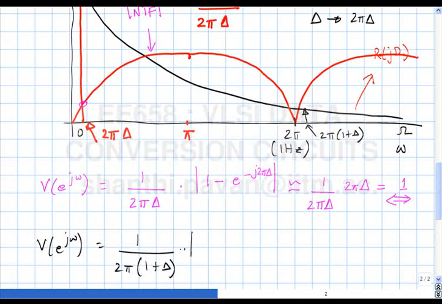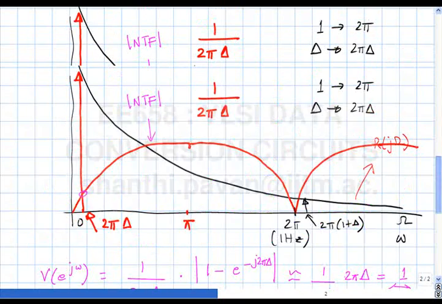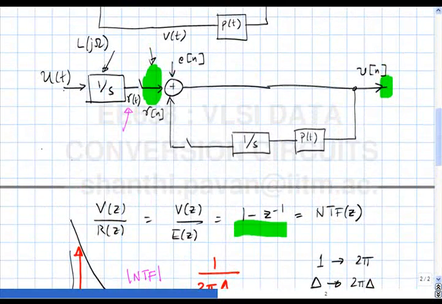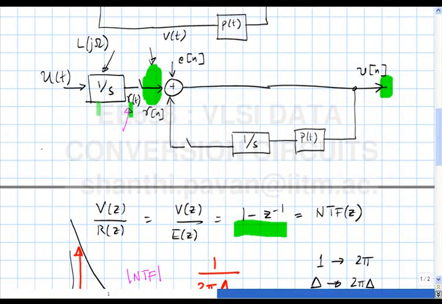What happens after the sampling? So the amplitude of the sinusoid here is 1 by 2 pi times 1 plus delta, okay, and the frequency is 1 plus delta hertz.